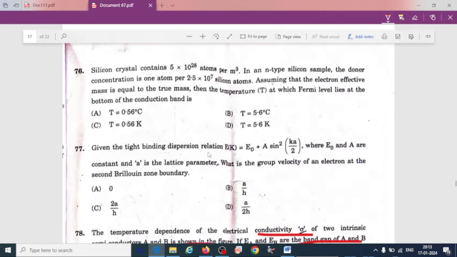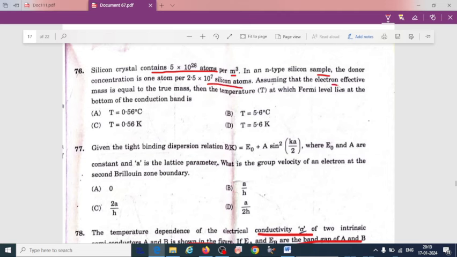So the next question: a silicon crystal contains 5 into 10 to the power 28 atoms per meter cube. In an n-type silicon sample, the donor concentration is 1 atom per 2.5 into 10 to the power 7 silicon atoms.